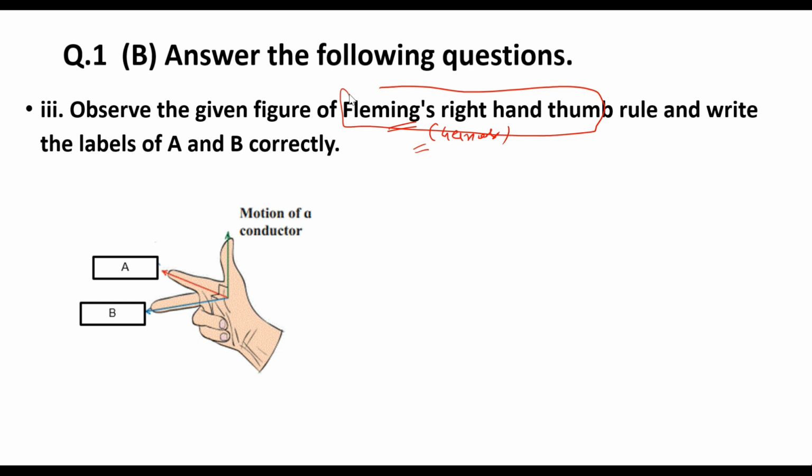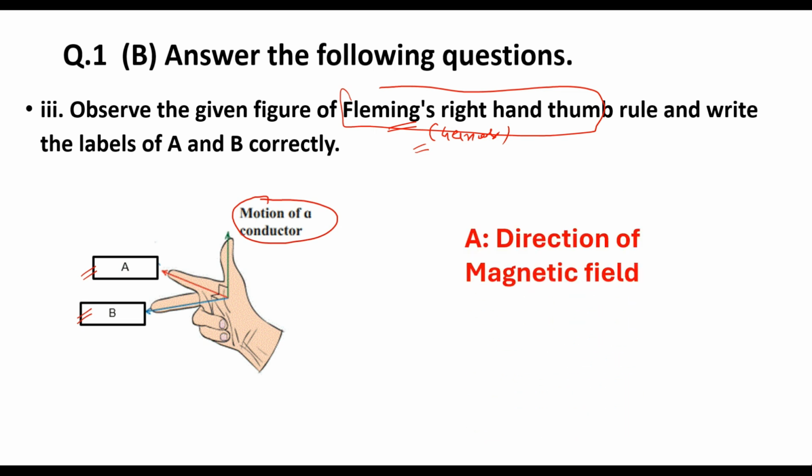Now the question is, if this is the Fleming situation where the forefinger, middle finger and thumb are kept mutually perpendicular, and this part indicates the motion of the conductor, then what will be A and what will be B? While writing the answer of this question, against A you have to write that A indicates the direction of magnetic field, while B indicates the direction of induced current.